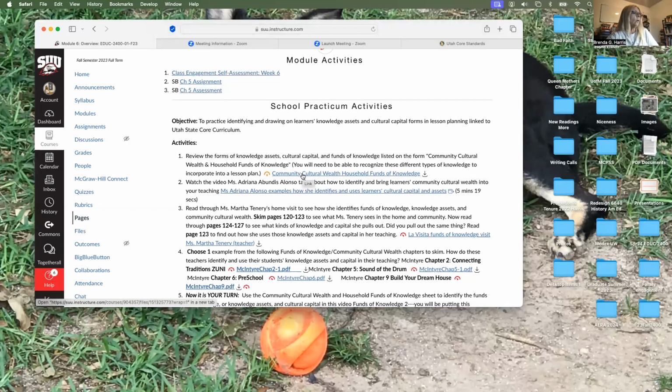Okay. So for number 3, it says read Miss Martha Tenery's home visit to see how she identifies the funds of knowledge, knowledge assets, and community cultural wealth. So she says, I'm going to start with the learners. How do I do that? I need to go get this knowledge that the learners have and their community has and bring those gifts into my classroom.